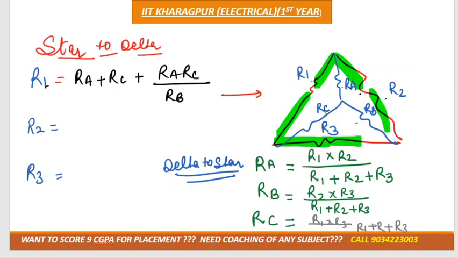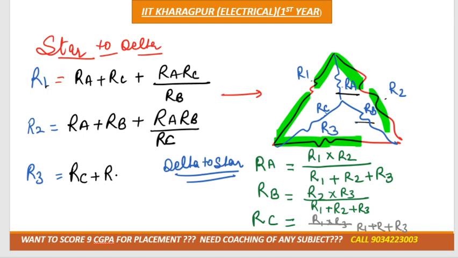Now R2 is connected to RA and RB, so that would be RA plus RB plus RA into RB divided by the remaining one, RC. Now you tell me for R3. Understood?